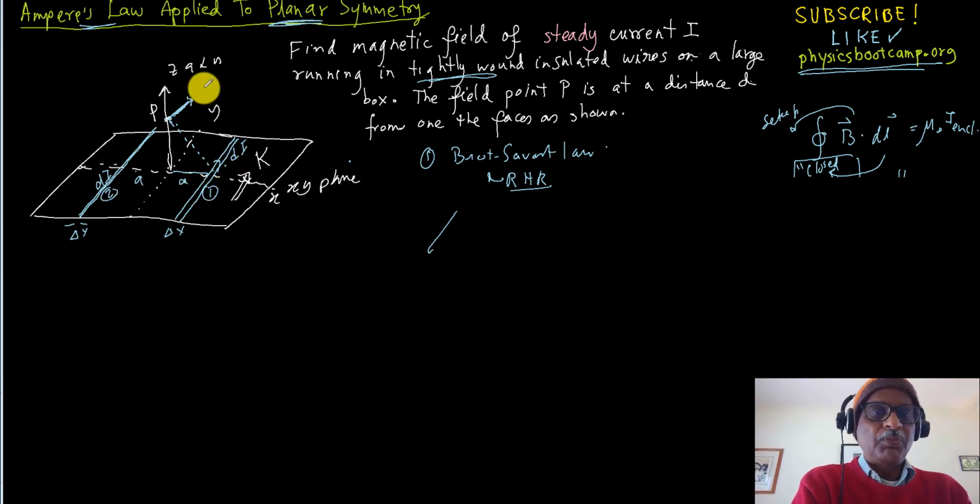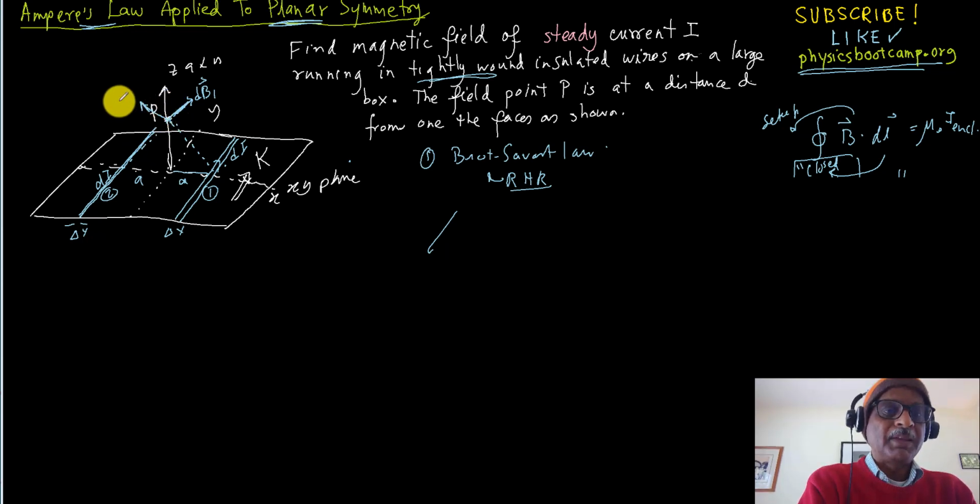B from 1 will be like that, and because it's a small current it's going to be a dB1, and dB from this one will be perpendicular to this, and to this, exactly like that, dB2, and the magnitude dB1 will be equal to dB2 because they're the same.